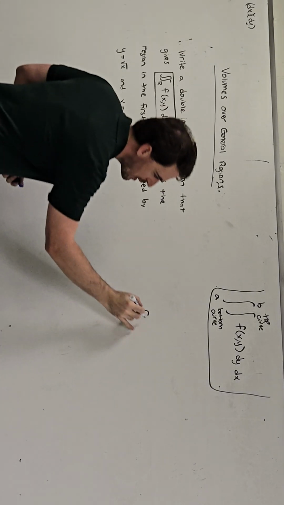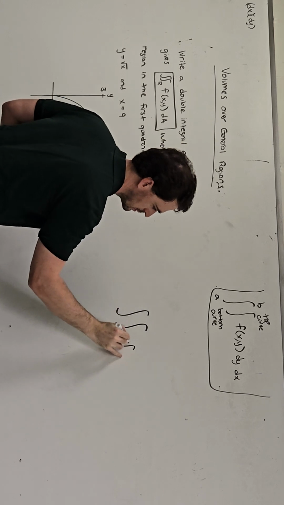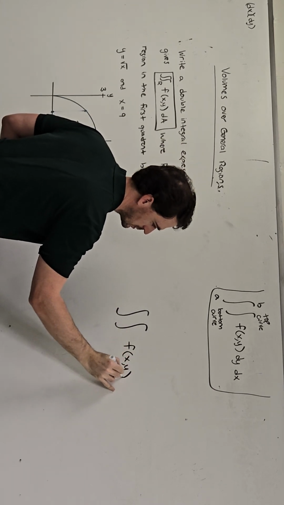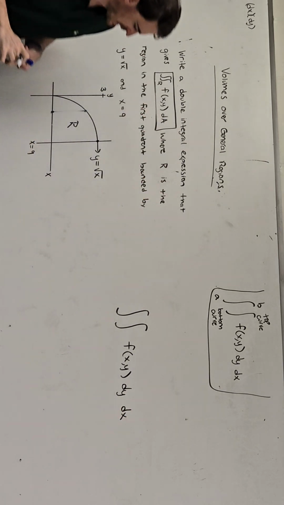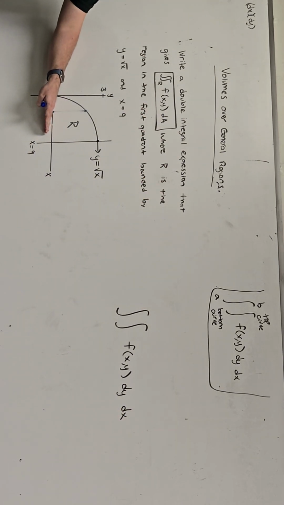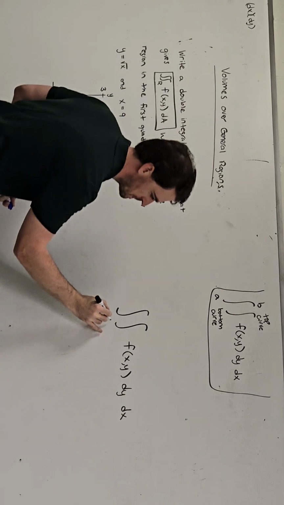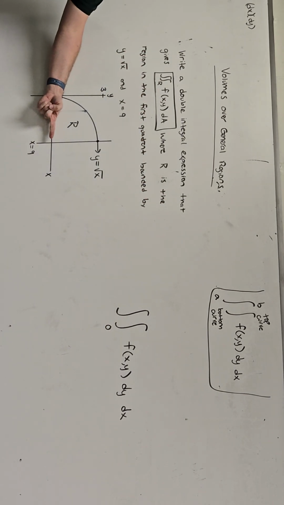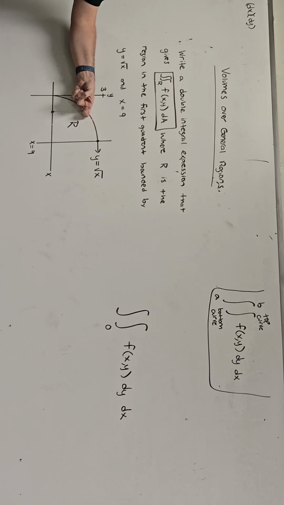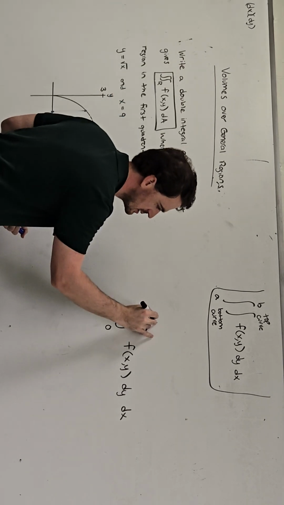Then I get that my bottom curve is the line y equals 0 all the way up to my top curve, which is y equals square root of x.